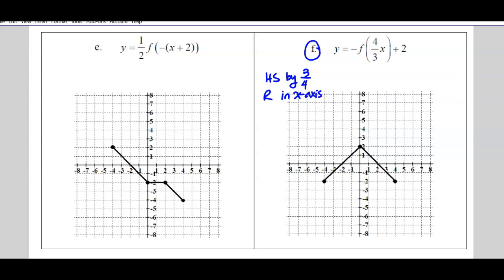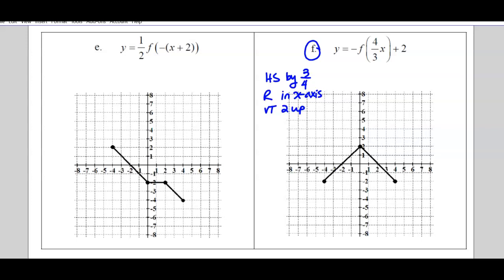And then this +2 is outside of the f, so that's vertical translation up. Okay? But it doesn't say to do that, so for example, if that was on a test, and you didn't show that, that's fine. I'm just going to look for your correct graph.